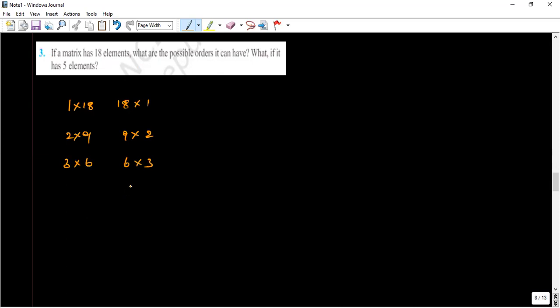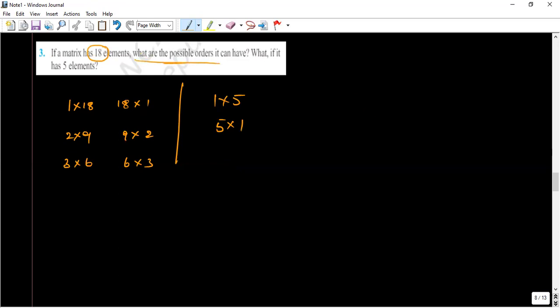So these are the possibilities that we have if there are 18 elements in the matrix. What if it has 5 elements? 5 elements means 1 by 5 or 5 by 1, either a row matrix or a column matrix. Is that clear? These are the possibilities.